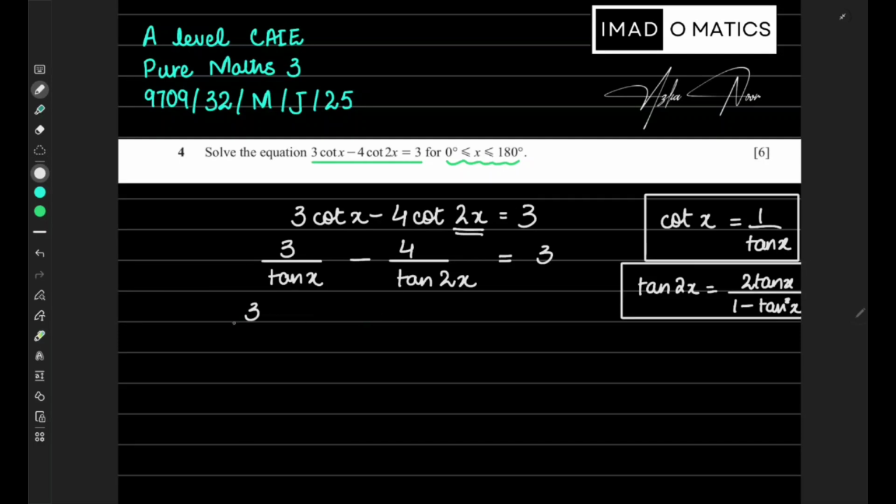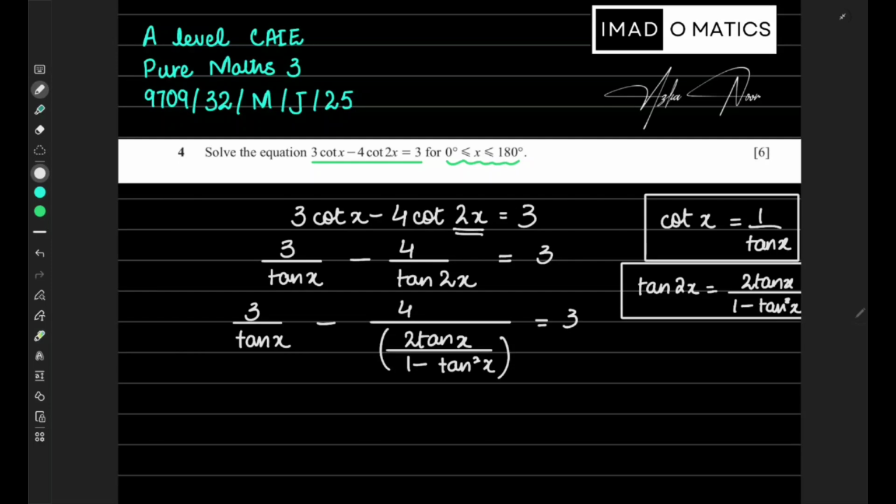So this will give you 3 over tan x minus 4 over 2 tan x over 1 minus tan square x equals 3.